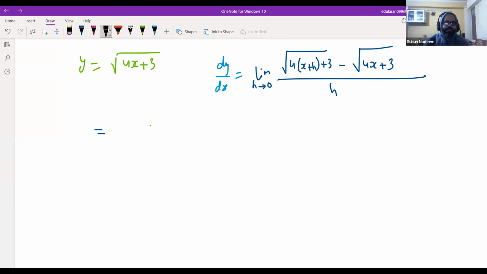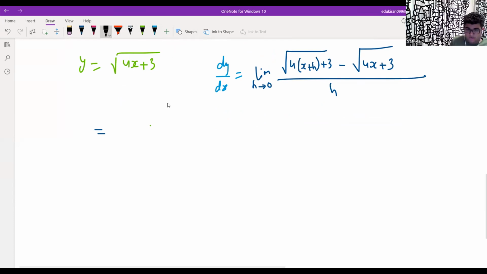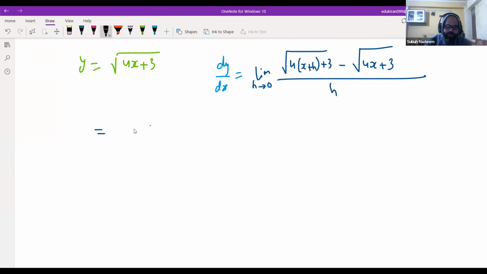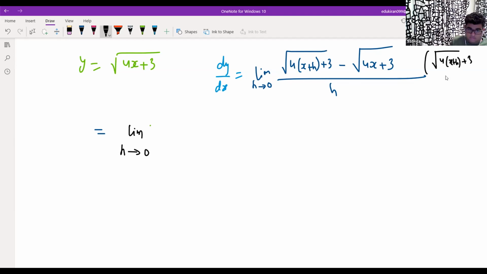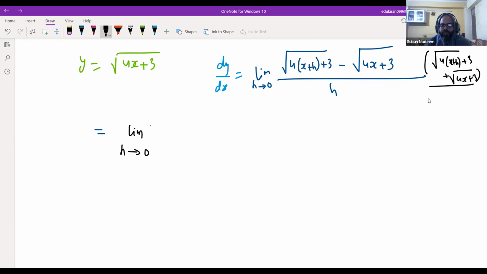So what is the next way which we studied? Do you remember? We can multiply the numerator and denominator, that means we will rationalize. So we multiply the numerator by root over 4(x plus h) plus 3 plus root over 4x plus 3, and the same thing in the denominator.